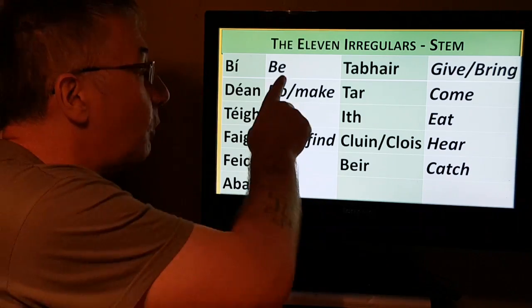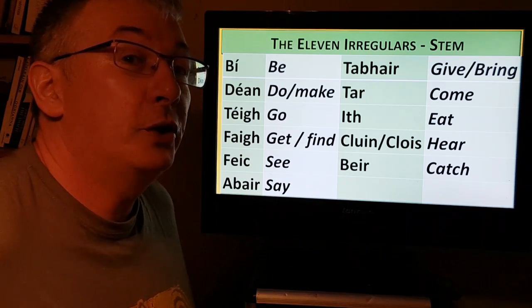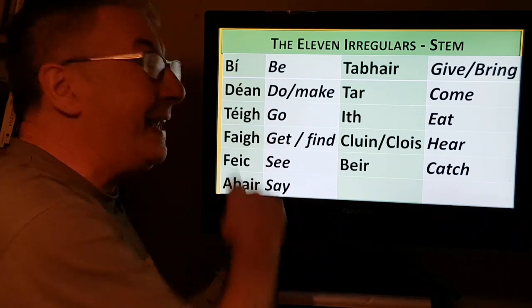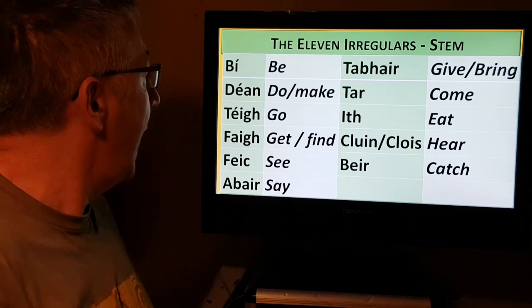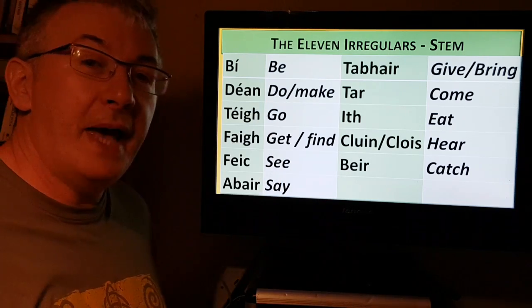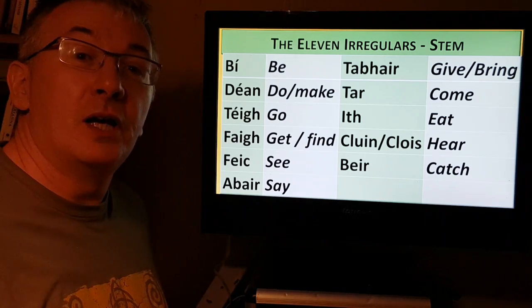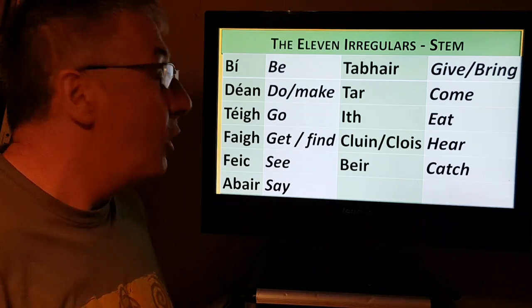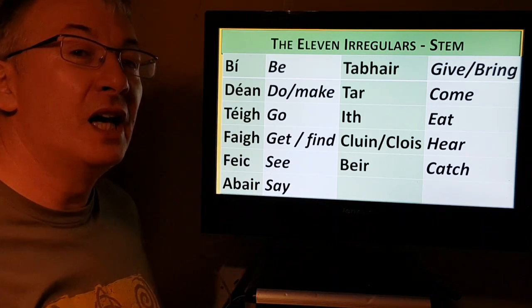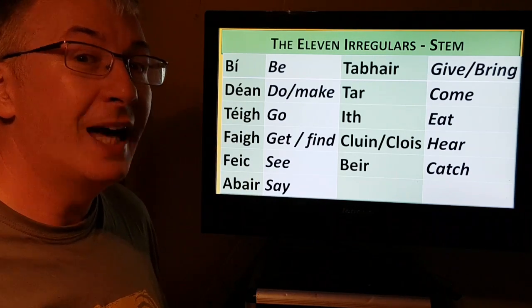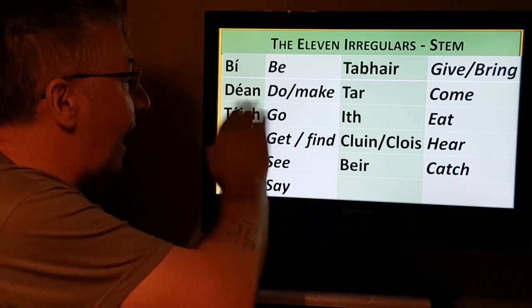So the first one, we have done the present tense of this in lesson 1 and 2. So be, and basically it's be in English. The second one, do or make, is déan. Whenever you have a D with an I or E around it, it'll be a J sound, J, not D, so déan.